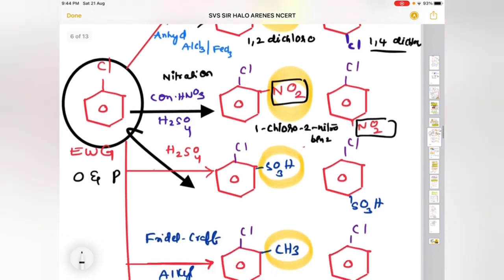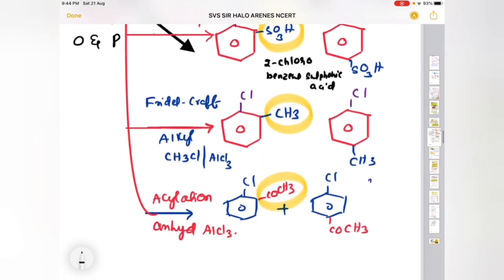In sulfonation, same with concentrated sulfuric acid, we are getting 2-chlorobenzene sulfonic acid. Major will be para. And Friedel-Crafts alkylation, acylation. In Friedel-Crafts alkylation, methyl group will be substituted. In acylation, COCH3 group will be substituted.